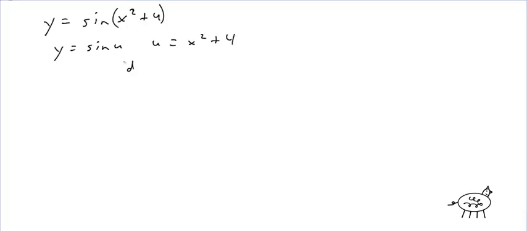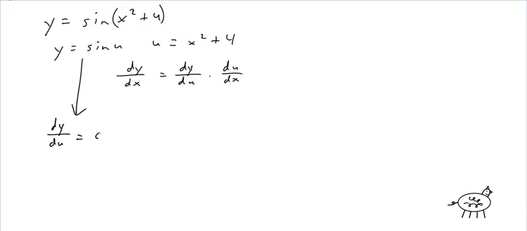So remember, dy/dx is equal to dy/du times du/dx. From the first equation, we have dy/du is equal to cosine of u. And then du/dx is equal to 2x.